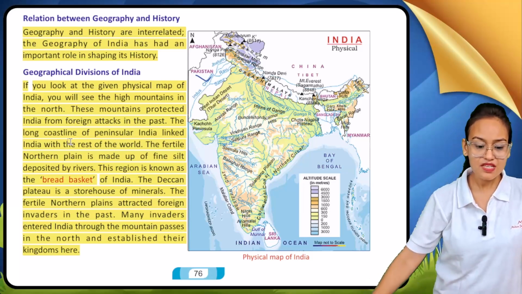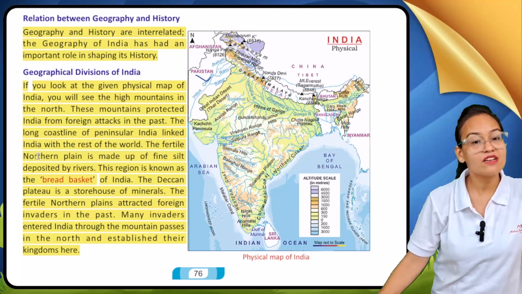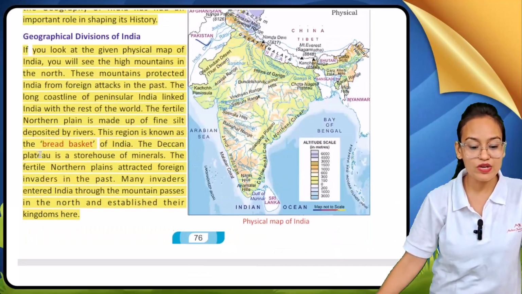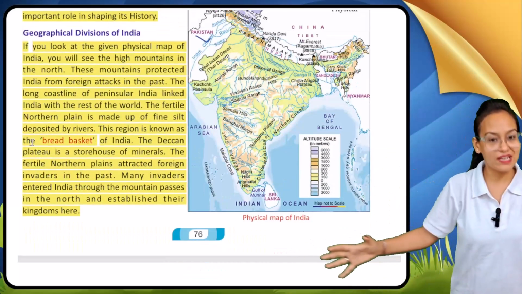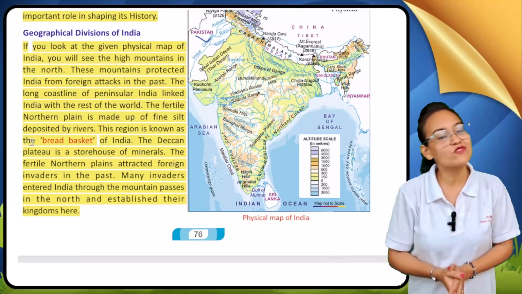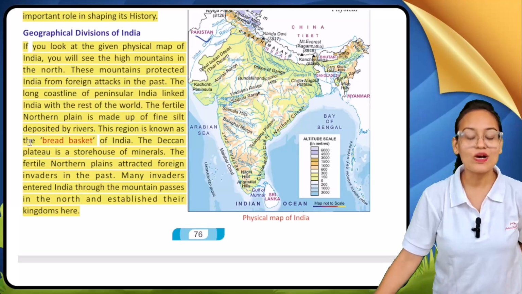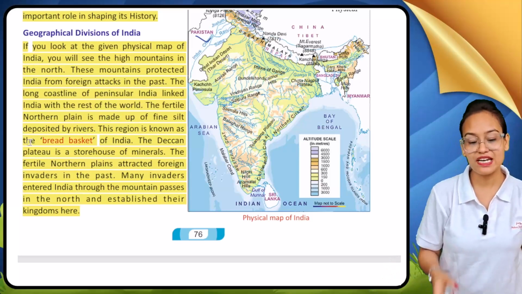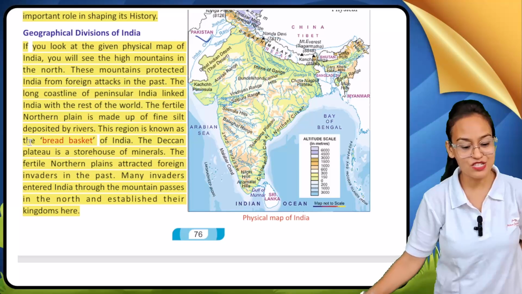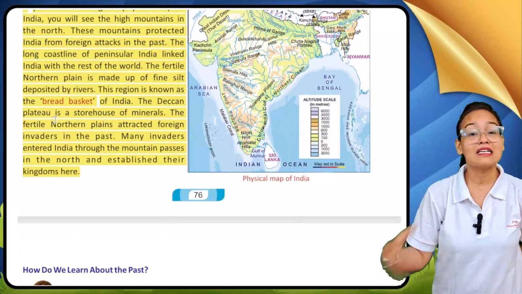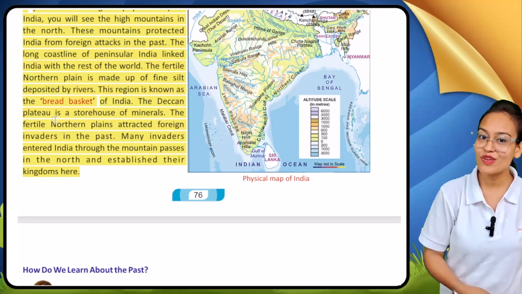Now, the long coastline of peninsular India linked India with the rest of the world. The land of the northern plain is very fertile and suitable for agriculture. That's why the northern plain of India is also known as the bread basket of India. On the other hand, the Deccan Plateau is famous for its mineral deposits.